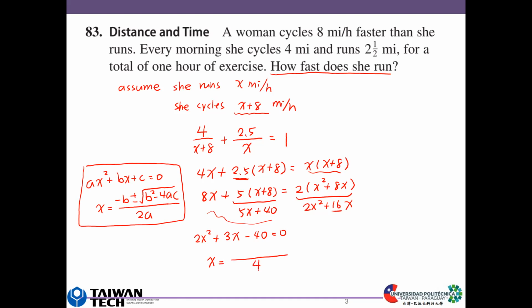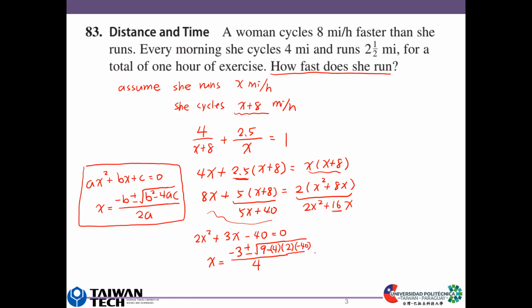So we could apply the quadratic formula to this equation, which is 2 times 2 equals 4, minus 3 plus minus square root of 3 squared is 9, minus 4 times 8 times minus 40.